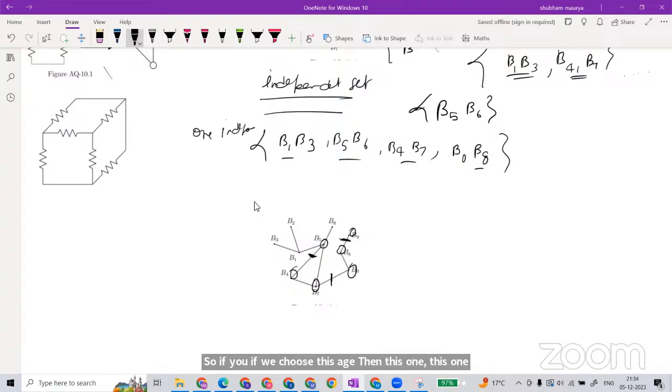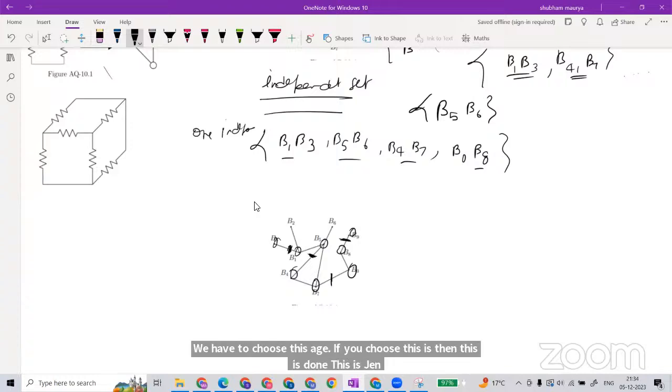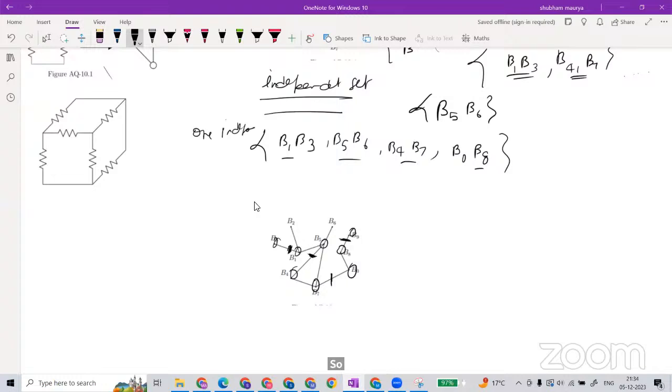Now this is already done, so we have to choose this edge. If we choose this edge, then this is done. Sir, it is not possible to cover all of the vertices here. Yes, it is not possible, but that's what I'm saying: we will try to choose edges in such a way that it will choose the maximum number of vertices.